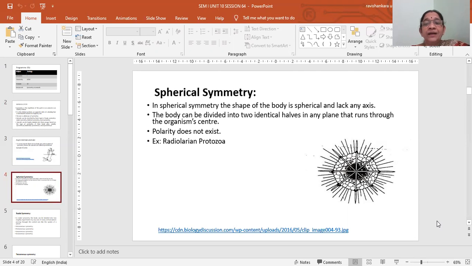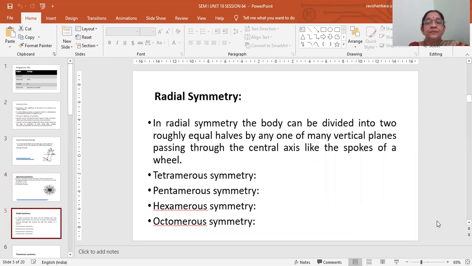The body can be divided into two identical halves in any plane that runs through the organism's center. Here, polarity does not exist. We cannot find an anterior or posterior end or lateral sides. But here we can divide the animal into two equal halves through any direction. So radiolarian protozoans show this kind of symmetry.